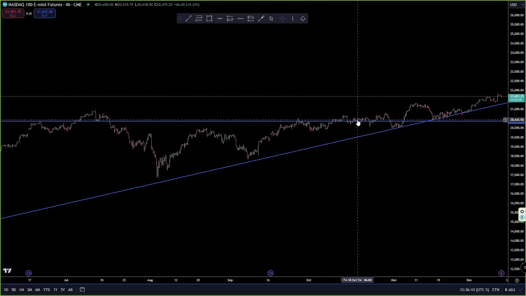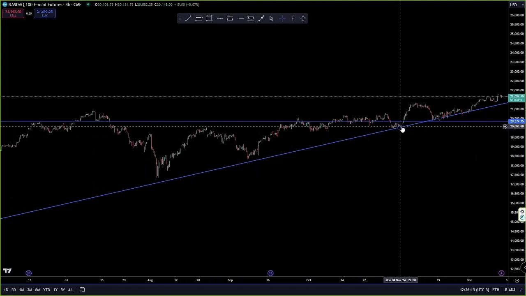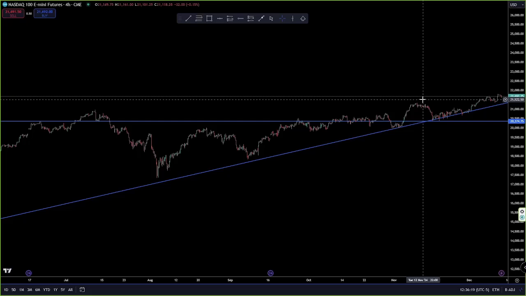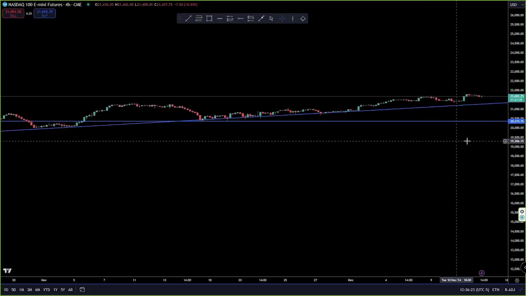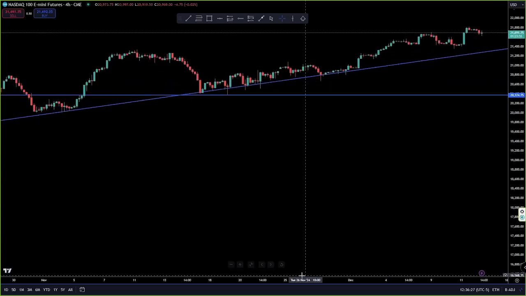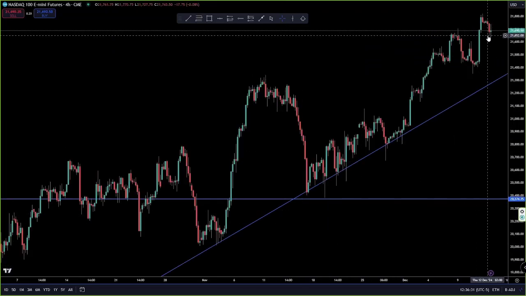Coming back down, testing the long-term trend line, bounce back up. And then we're back to real time right here.